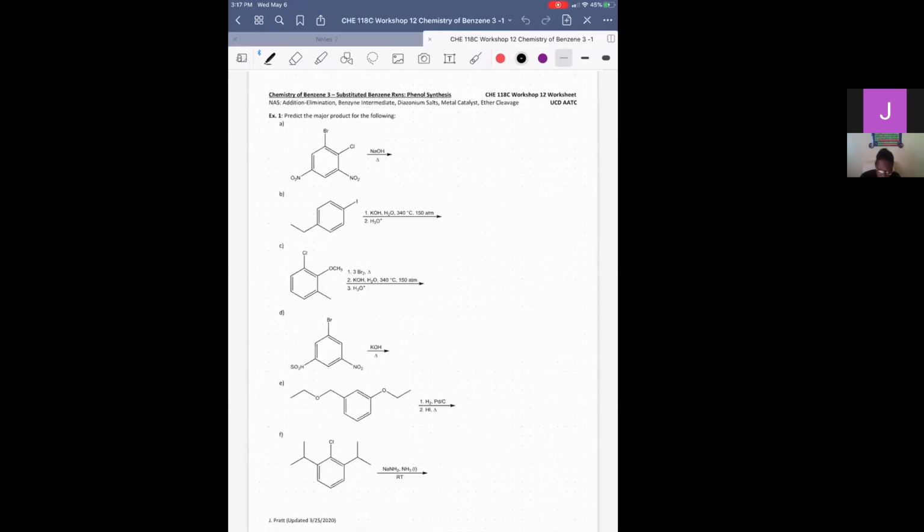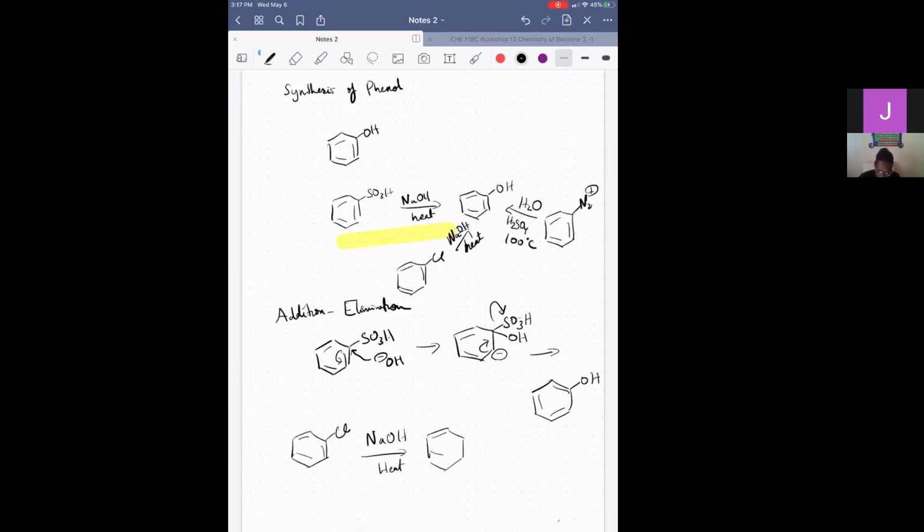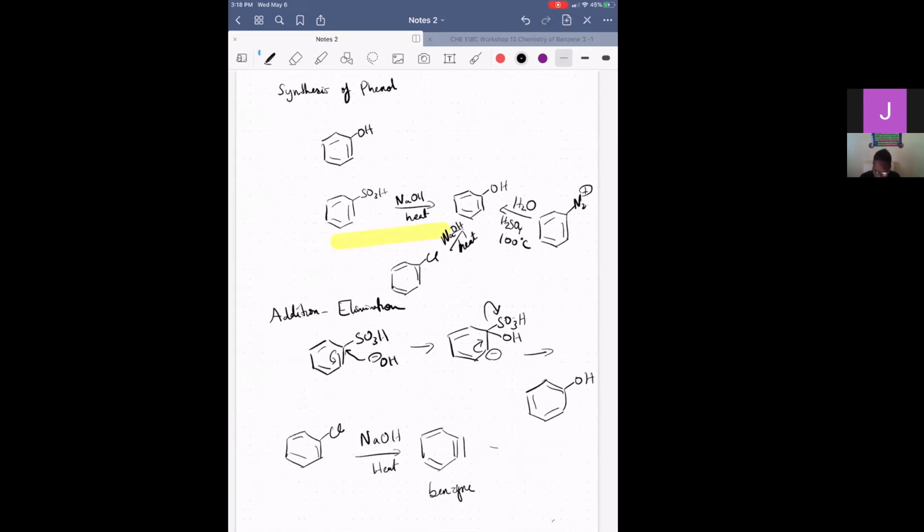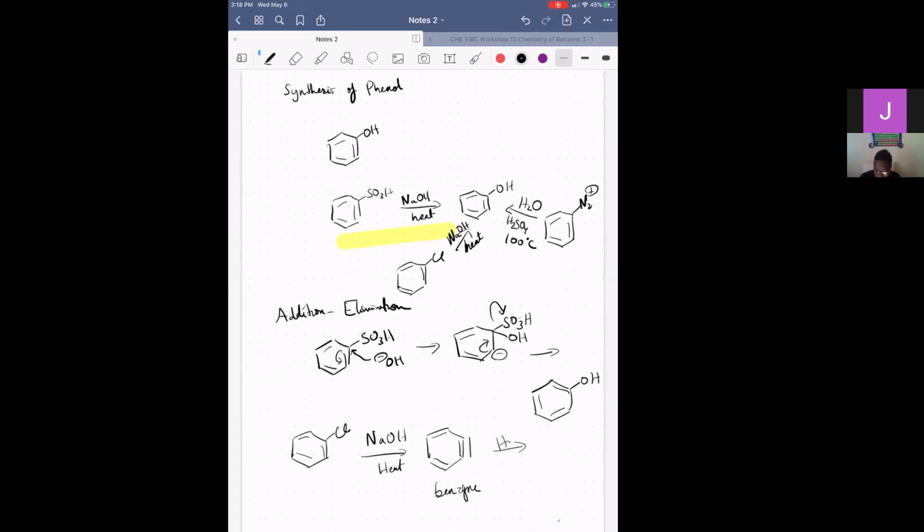We'll generate our benzyne intermediate. Then in the presence of water, this acts as a nucleophile to generate our phenol through an addition. We'll look at that mechanism in a bit more detail.